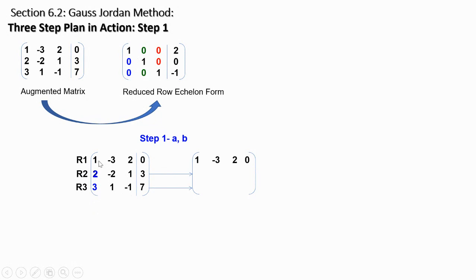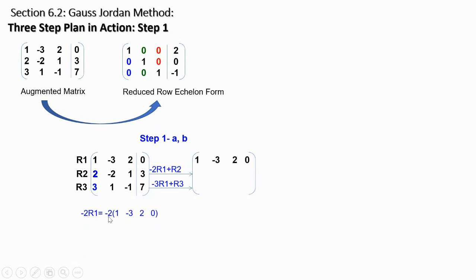So I'm going to use row 1. If I multiply -2 times row 1 and add it to row 2, they'll cancel. Same thing on the bottom for row 3. If I multiply -3 times row 1 and add it to row 3, it guarantees to give me a 0 there.